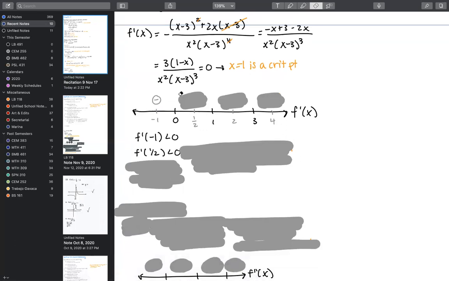Then f of 1/2. So between 0 and 1, f prime of x is still decreasing. So I mentioned a sinusoidal curve. Normal functions, we expect to go from max to min, increase, decrease, increase, decrease.